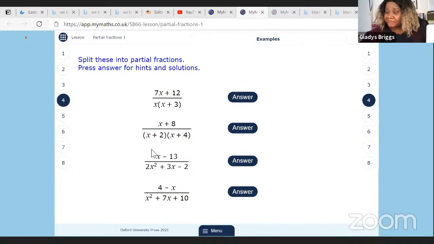Independent learning. And that should be the end of topic 3, okay?